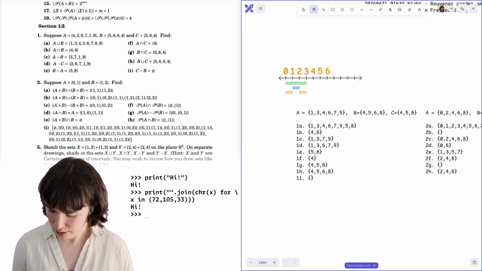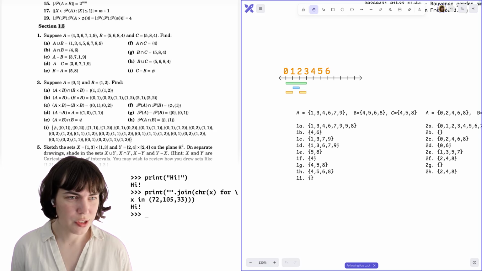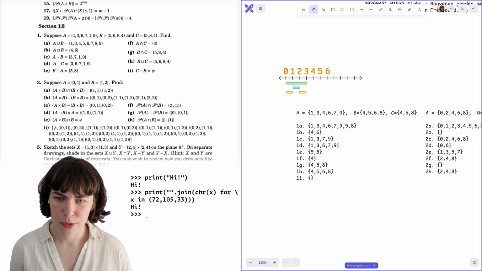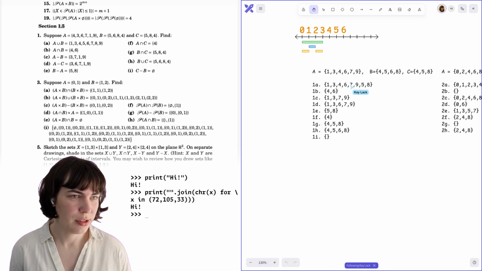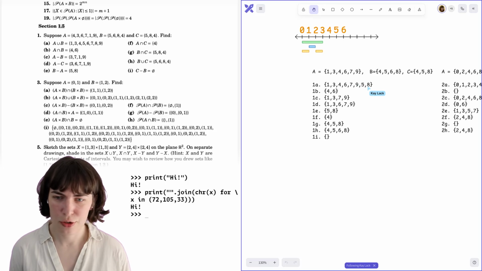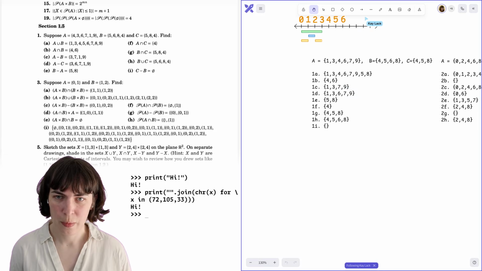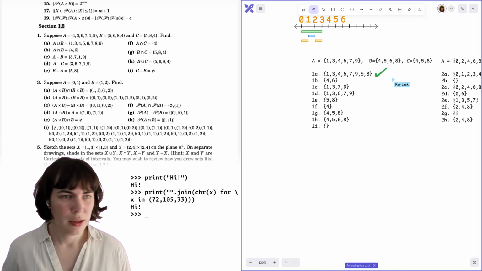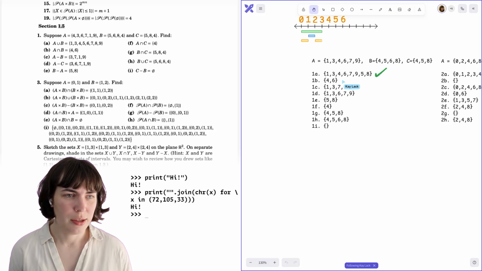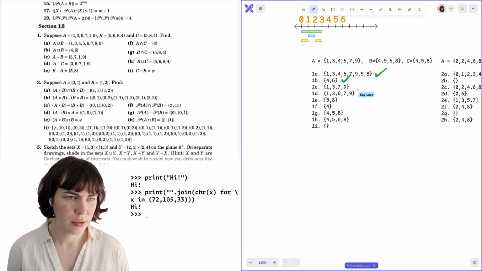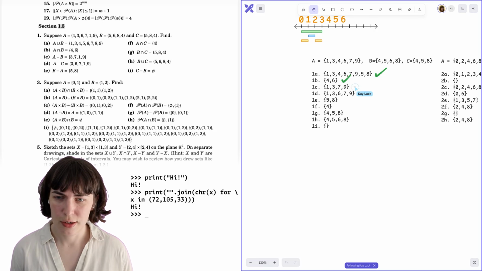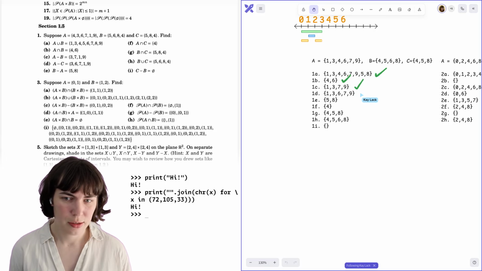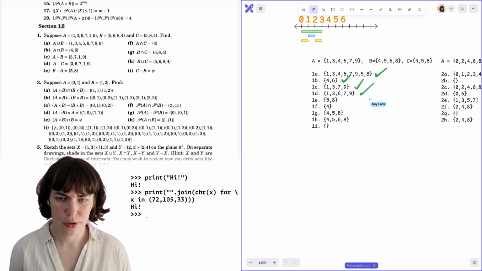Okay, 1, 2, 3, okay. 1, 3, 4, 6. 1, 3, 4, 5, 6, 7, 8, 9. That's true. 4, 6. That's true. Let me get my marking pen out. Whoa, okay, that's a bit thick. Okay, B is 4, 6. 1379, that's true. 13679, that's true.